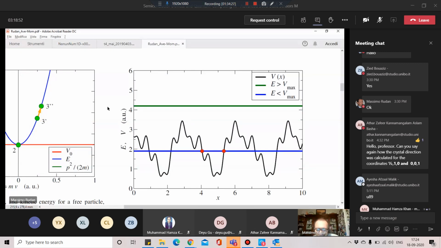Okay, so if the total energy is the blue line, the particle can stay only in one of the two intervals, one that is marked by the two red dots. Which interval? Well, the interval of the initial condition.